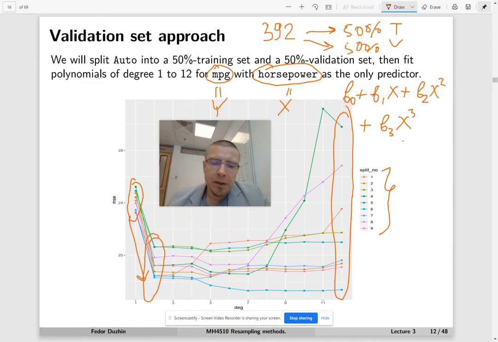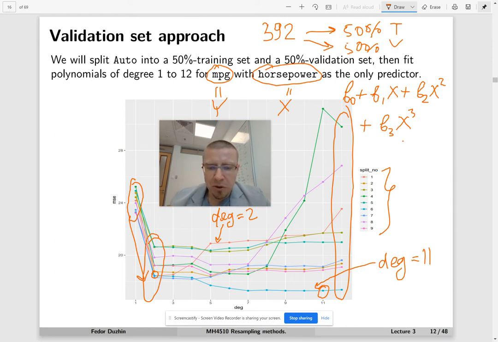But even if we try to see, for each of these experiments, what is the degree that gives us the smallest test error, we see that it's different. Say, for example, for this model, the best degree is 2. But if we look at this model instead, then here the optimal degree is 11. Seems to be 11.